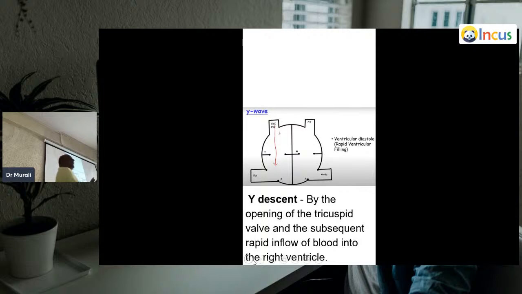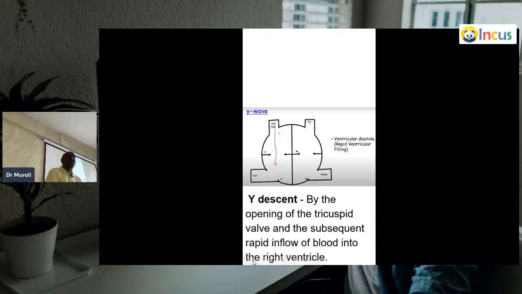So atria contracted in the last one third of diastole. You think in the lines of systole, diastole. In that mood you need to get into it. Atria contracted, pushed the blood into ventricle, ventricular diastole over, last one third is over. Then what happened?